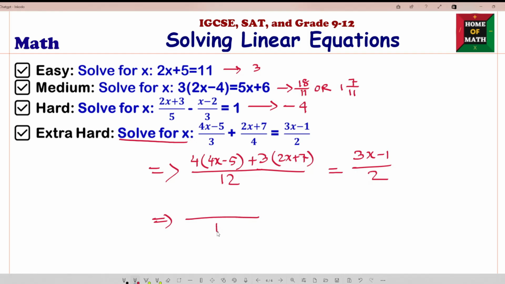Then here is 12. So 4 times 4x, 16x - 20 plus 6x + 21, and then here is (3x - 1)/2.